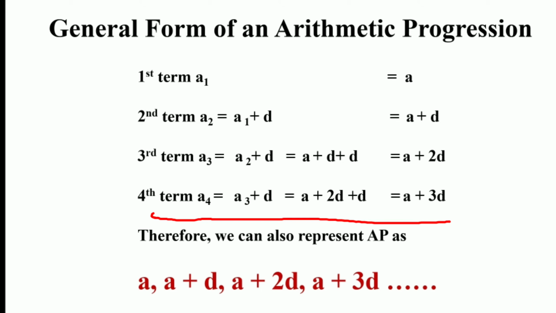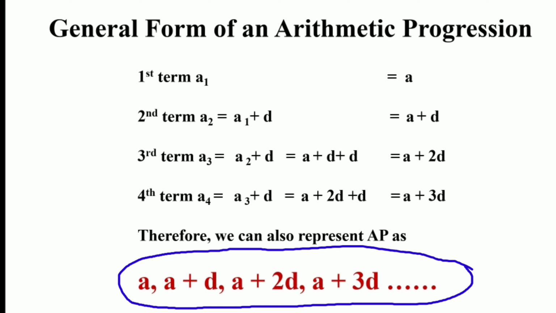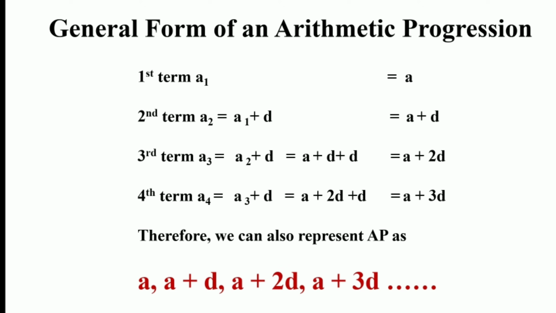That is, a3 is equal to a plus 2d, then plus the common difference d, so it will be a plus 3d. We can continue this process as long as we can stay awake. Therefore, we can represent an arithmetic progression as a, a plus d, a plus 2d, a plus 3d, and so on. This form of representation is called the general form of an arithmetic progression.